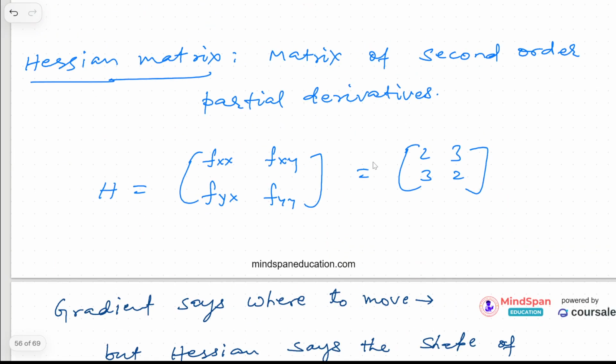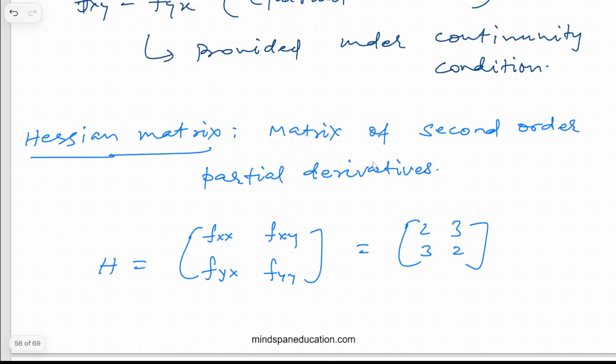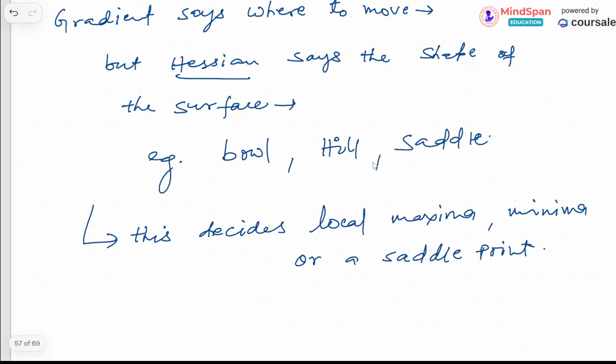Everything you can easily correlate if you have already gone through all the 18-20 lectures that I have already given on this calculus subject.